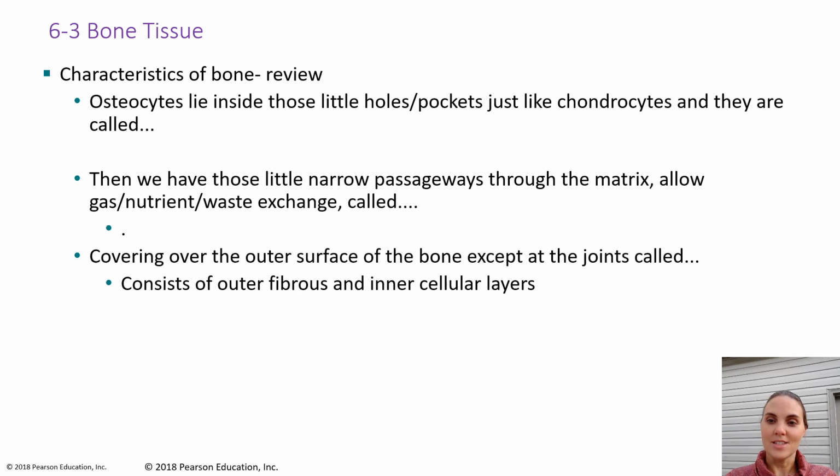And those holes or pockets are called lacunae. And then we have those little narrow passageways through the matrix that allow gas and nutrient and waste exchange from those osteocytes. So remember, we had that osteocyte lying within that little lacunae, and then it had these little passageways, little extensions through the bony matrix where its little cytoplasmic extensions could reach out, and those were called canaliculi. And then the outer surface of the bone, except within the joints, is called periosteum.